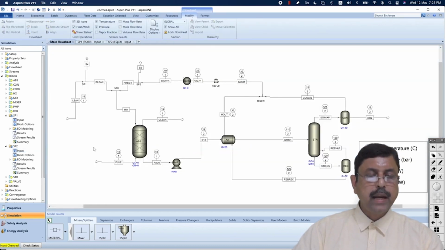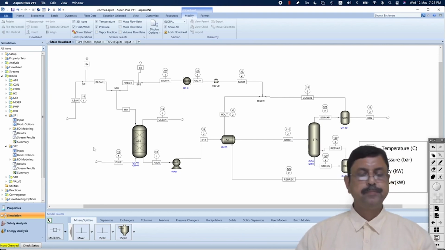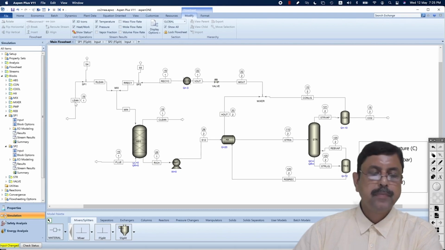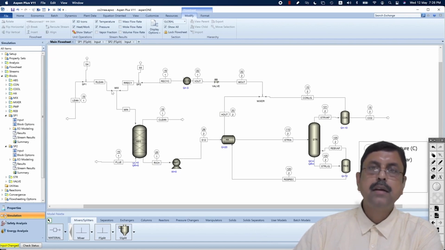Now look at this, what we have done. We have used a splitter where the lean amine has been split into two parts. 99% is going over here, 1% is being rejected, and of the recycle stream, only 1% is added over here, 99% is rejected.